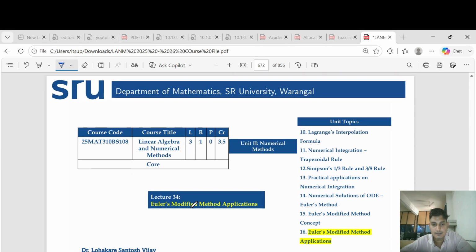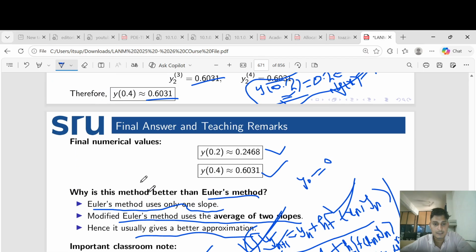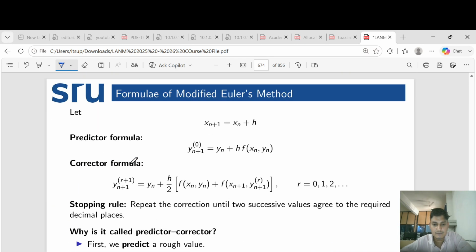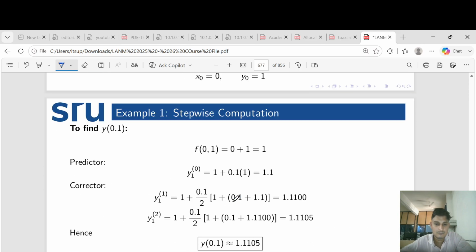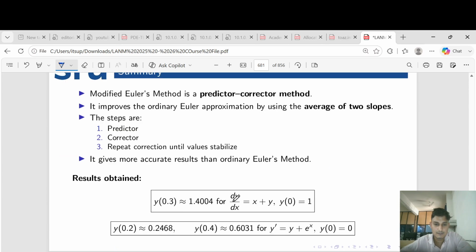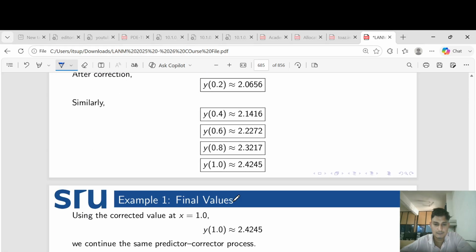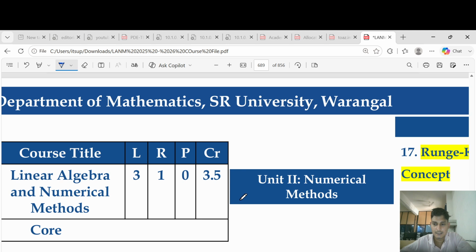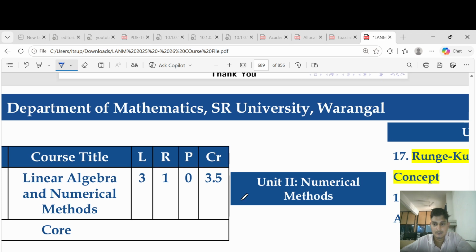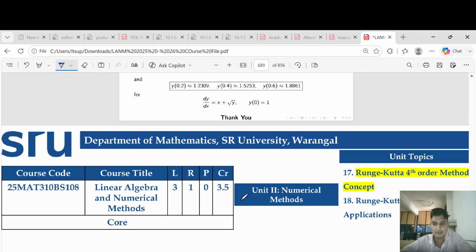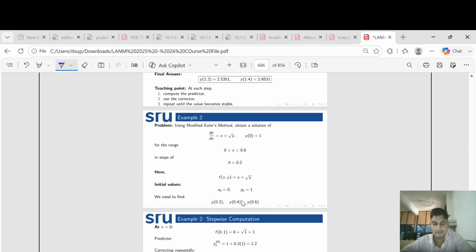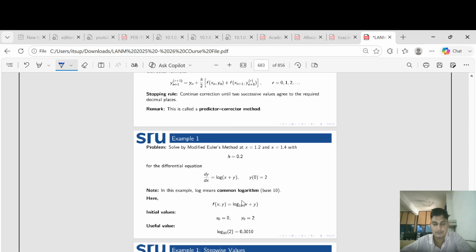In today's class we will end here, but in the next class, applications of Euler's modified method. This is also repeated, and then the RK method. I will describe the RK method in 2 or 3 classes, and then you can easily cover these topics.